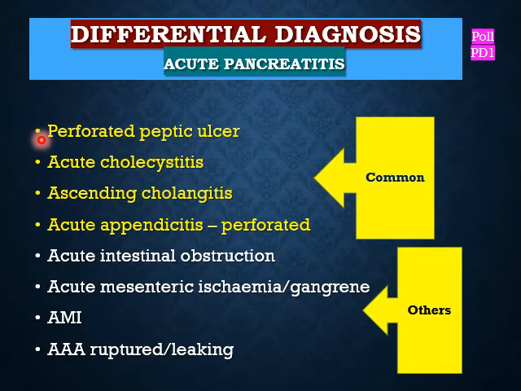So these are the common differential diagnoses for this condition: perforated peptic ulcer, acute cholecystitis, ascending cholangitis, acute appendicitis with perforation, acute intestinal obstruction, acute mesenteric ischemia with gangrene, acute myocardial infarction, and abdominal aortic aneurysm rupture or leaking. Okay, so these are all causes of acute abdomen.